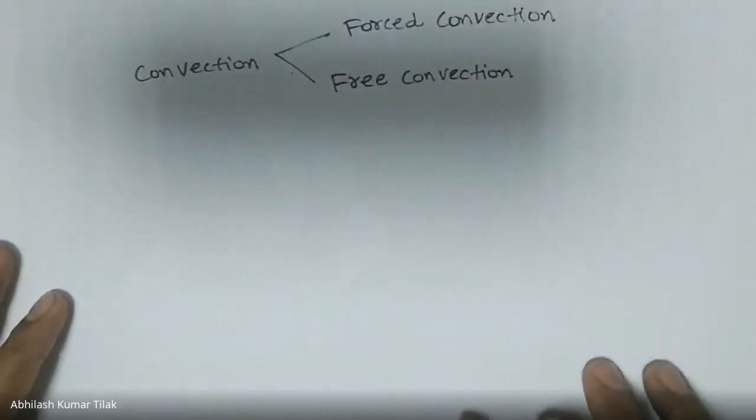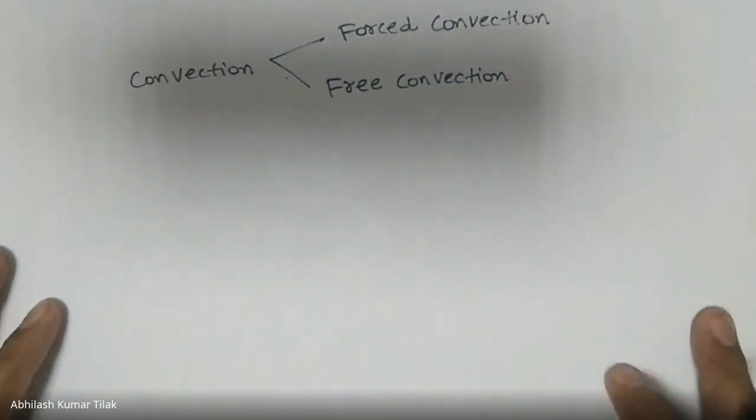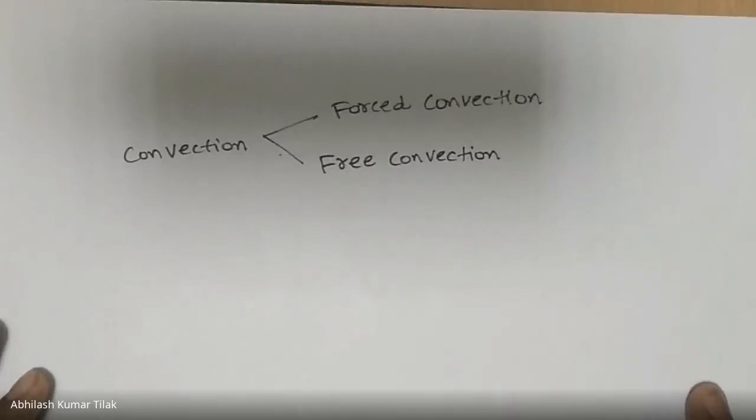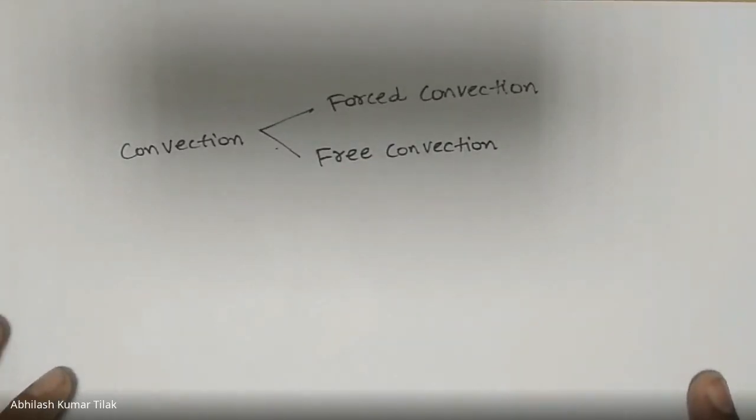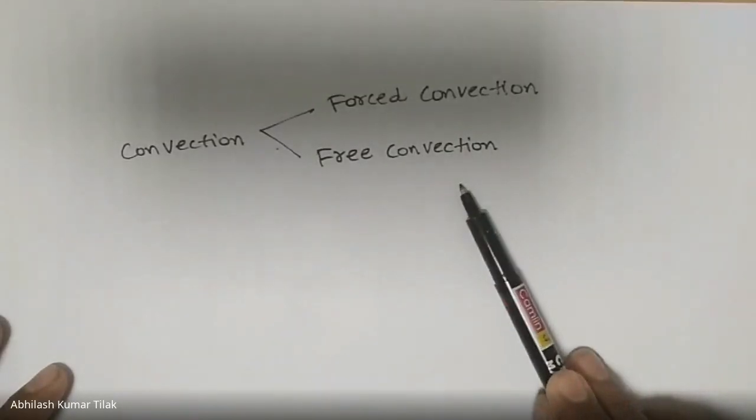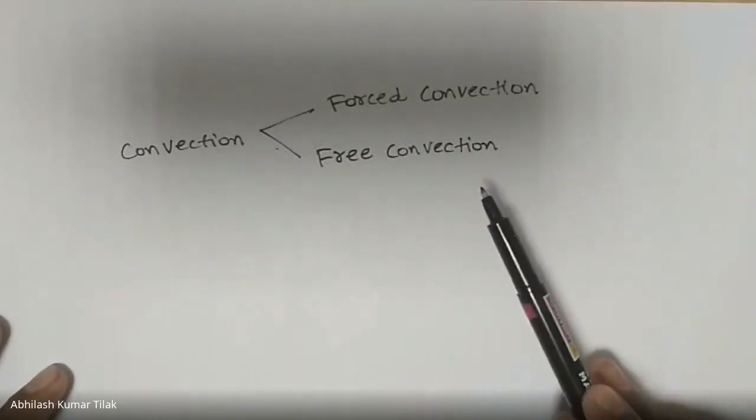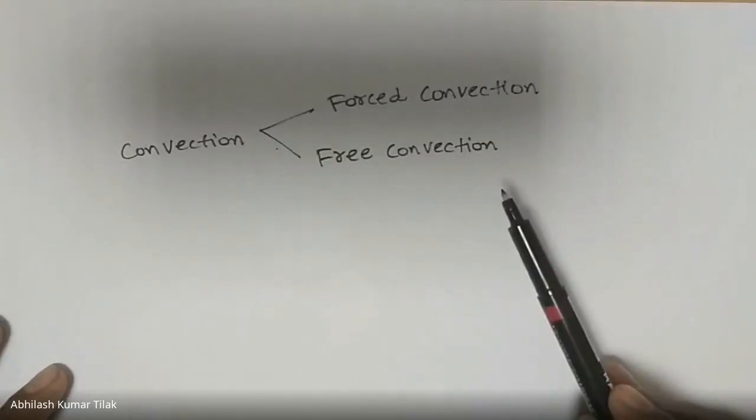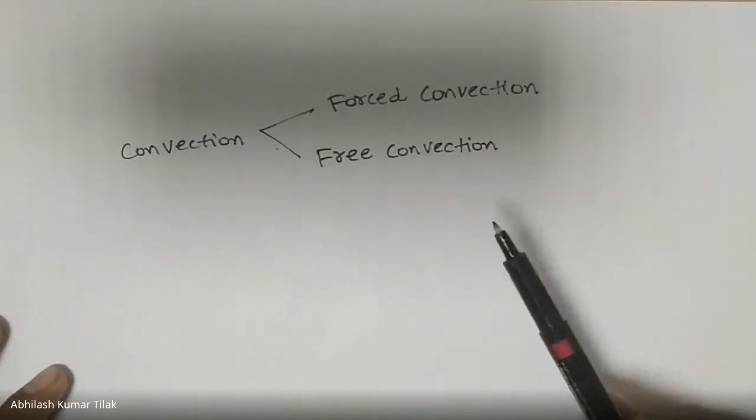So when I am saying it is a forced convection, that means the fluid is forced to flow over the surface by some external means such as a fan, pump, etc. Now when I talk about the free convection, the fluid motion is caused by buoyancy forces that are induced by density differences due to variation of temperature in the fluid.